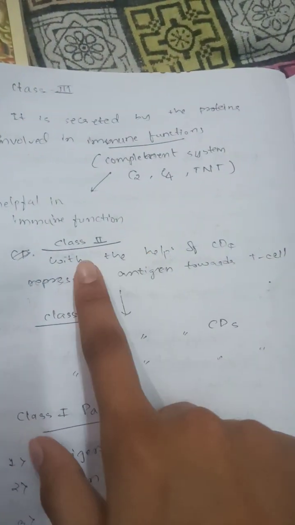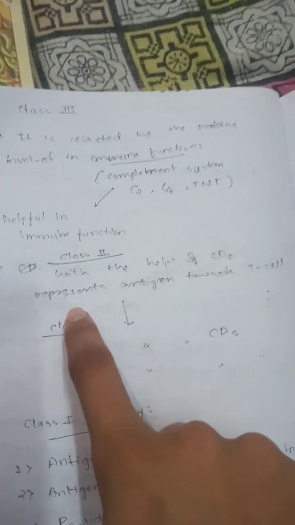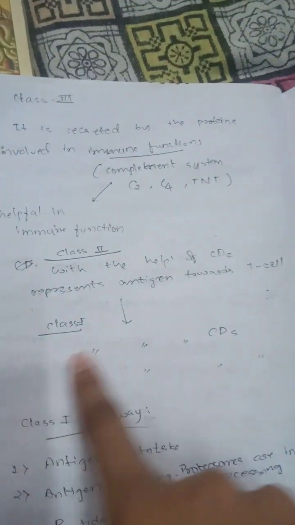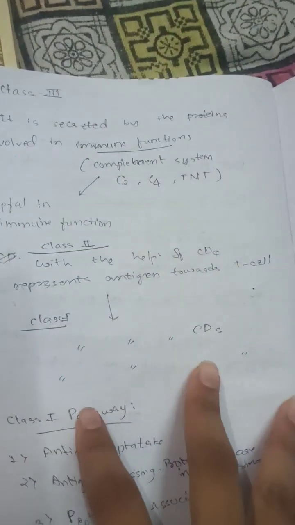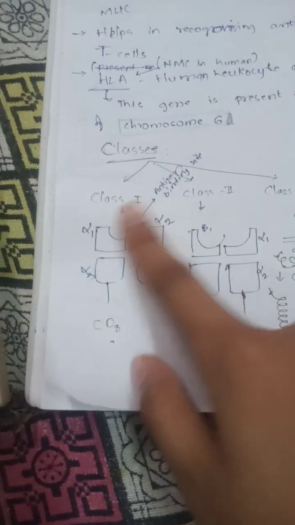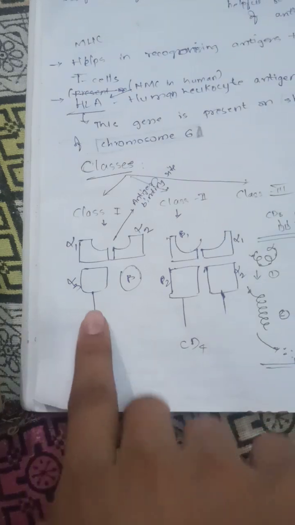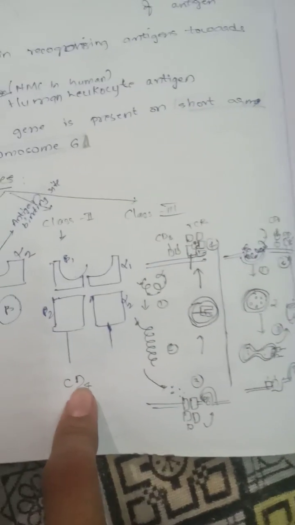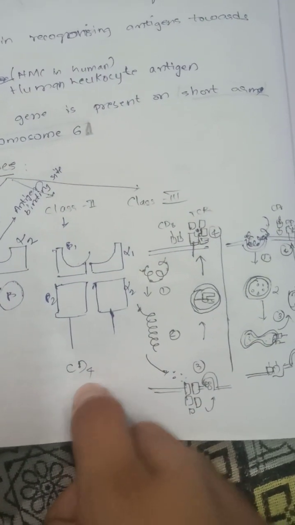In class 2, with the help of CD4, class 2 MHC presents antigen towards the T cell, while class 1, with the help of CD8, presents antigen towards the T cell. See, class 1 MHC with the help of CD8 helps in presenting antigen towards the T cell, while class 2 helps with the help of CD4 only.